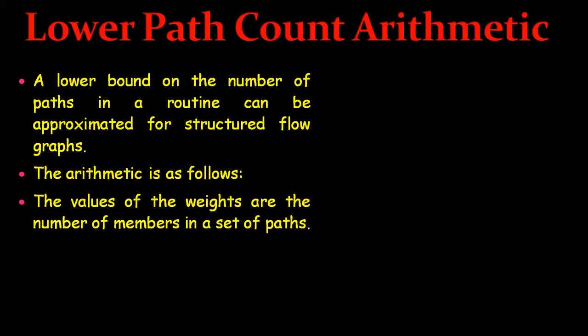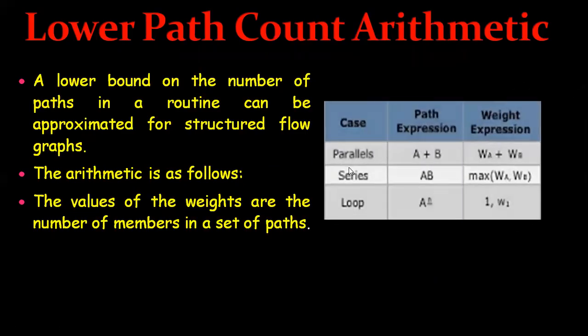So now let us go with lower path count arithmetic. For any structured flow graph, a lower boundary on the number of paths in a particular routine can be approximated by using some arithmetic. This is the arithmetic we will be using. If it is parallel, we add their path expression weights.